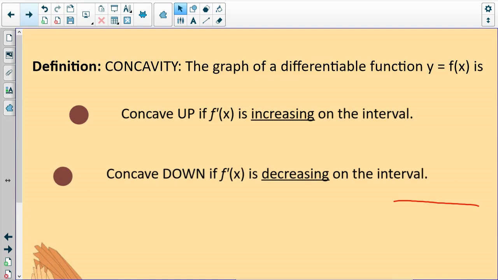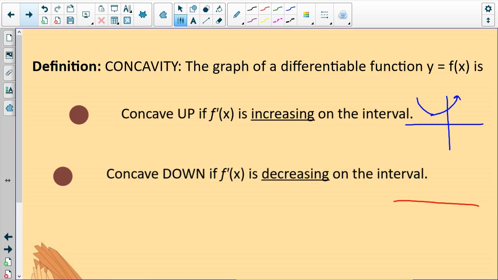So, a couple pictures just to make sure that we understand what's going on. If f prime is increasing, that means that the slopes of my tangent lines are getting more positive. So that means if my function is decreasing, if my slopes are getting more positive, that means that my slopes are kind of leveling off.